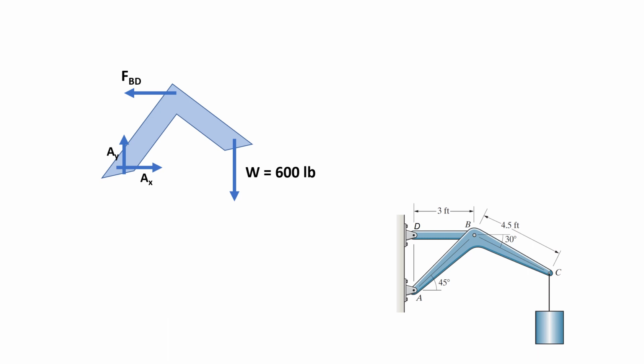So instead of going through the complicated geometry of finding concurrent points and connecting point A to the point of concurrency of FBD and W, what we will do is simply apply our equations of equilibrium. Normally, the first equation of equilibrium that we apply is the summation of moment at A. Why?